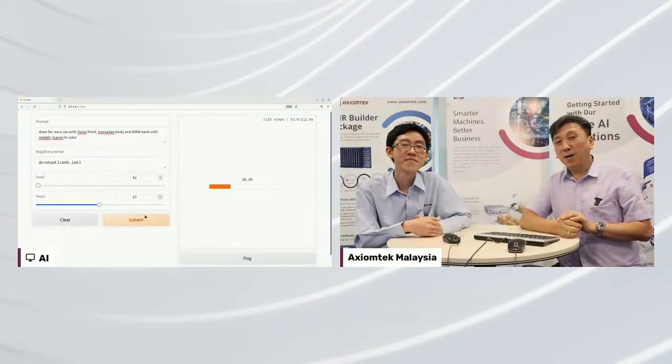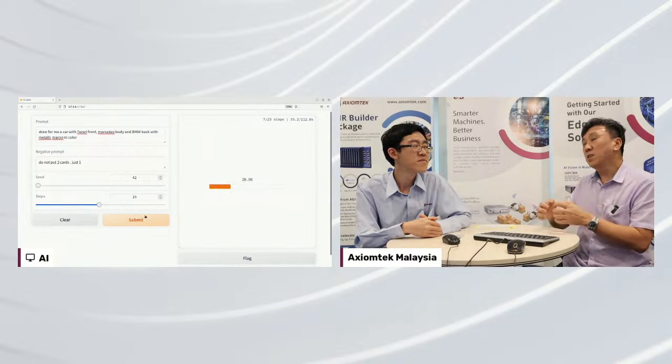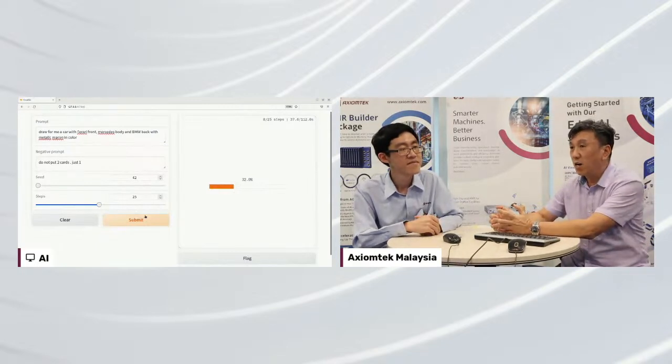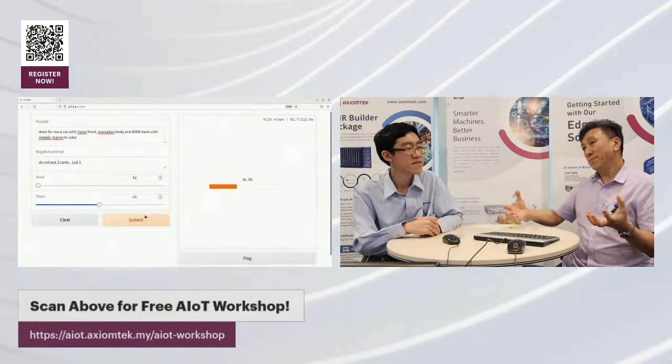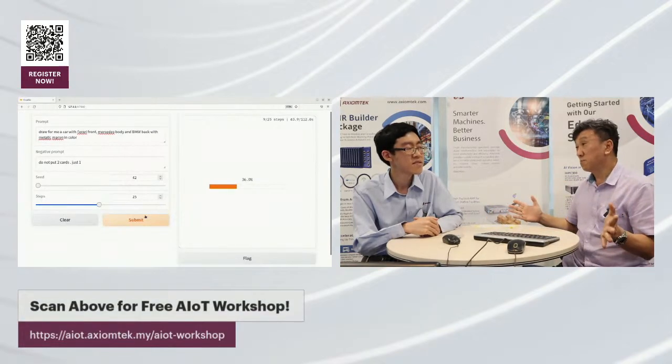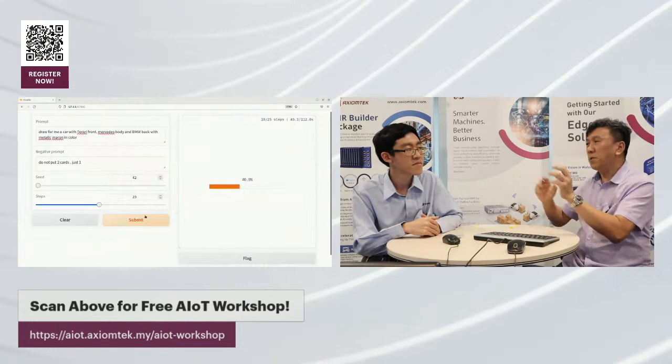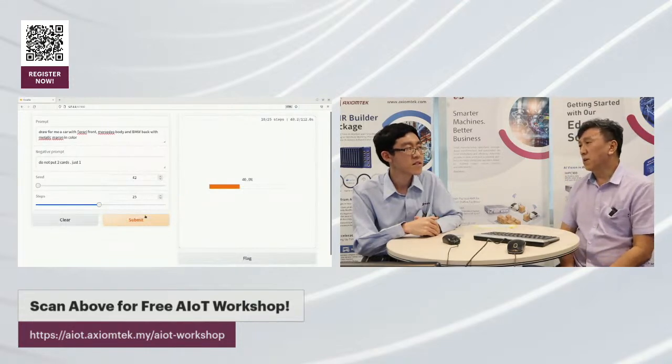But I see the potential of having generative AI in different aspects. What are the main applications right now?